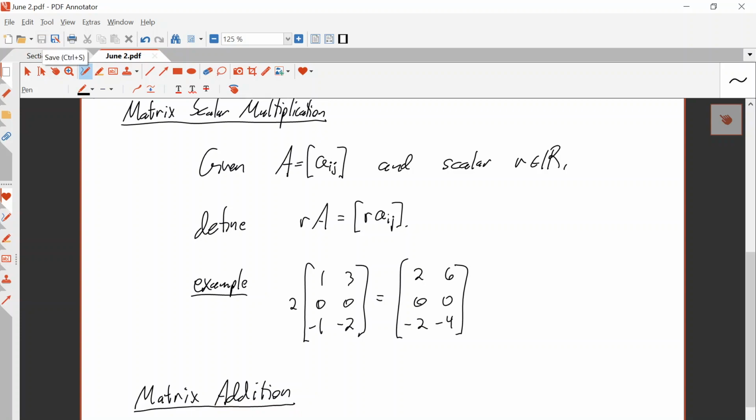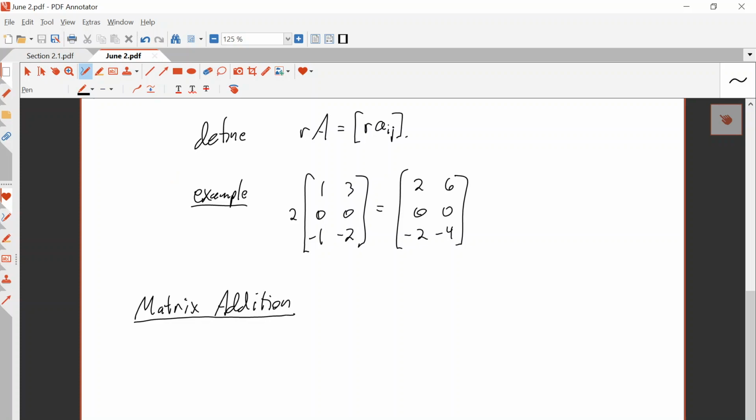And, of course, you may observe that a vector really is just a matrix where the number of columns is 1. Okay, matrix addition.